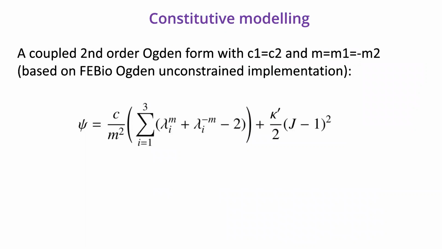So there are some slides that people like and that I've shared on Twitter before as well, and that I've included here too about the Ogden formulation, right? So I tend to use a coupled second order Ogden form where I say that the first two C's are the same and the M's are also the same, but one is negative. So it's really two parameters, a C and an M, to figure out.